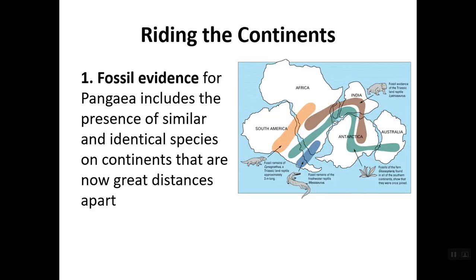And this is not only evidence that regards organisms, but also geological evidence. So there is strong fossil evidence of the existence of Pangaea. In fact, otherwise you couldn't explain how fossils of extinct creatures, identical fossils of the same species, are found across continents that are nowadays separated by ocean.